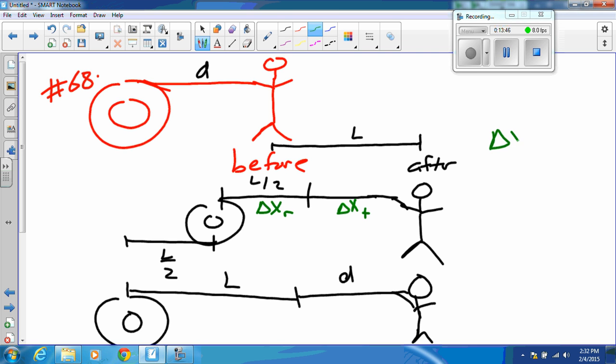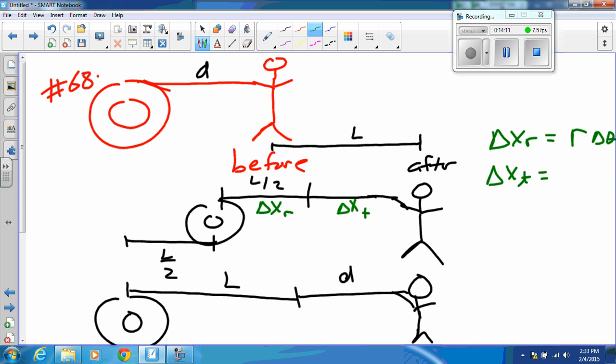The delta x for the rotation is going to be the amount of string that comes off, and the amount of string that comes off the top there is going to be equal to the radius times the angle that the spool turns. Meanwhile, the delta x of translation is the delta x of the center of mass.